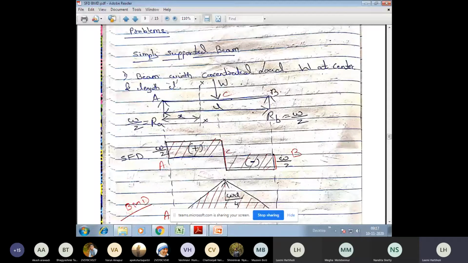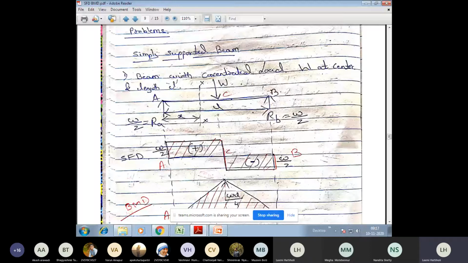Suppose I give you an equation of shear force, say 5x square plus 6x equal to 2. If this is the equation of shear force at some point and I ask you to calculate the intensity, you can simply differentiate and get the value for the intensity of the load W, right? So that's the meaning of the relation of the load and shear force.